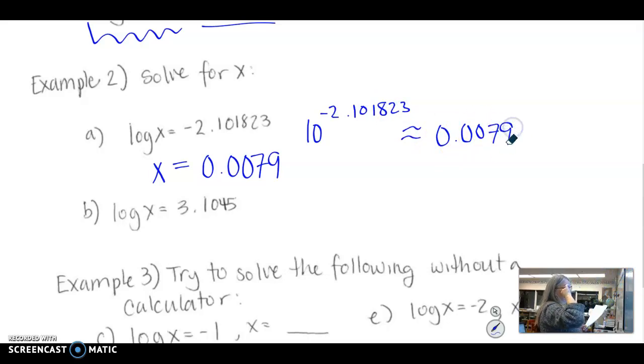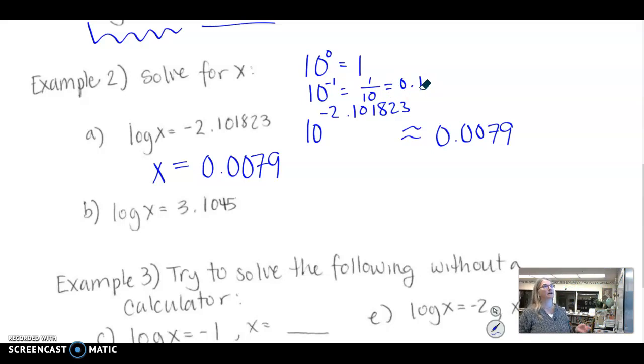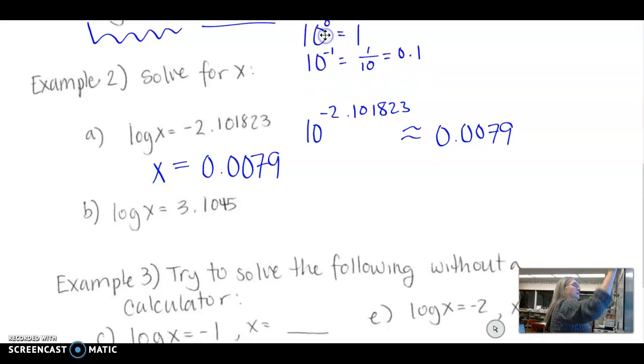And if you think about it, okay, let's go through this. 10 to the 0, anything to the 0 is 1. 10 to the negative first power is 1 over 10 to the positive first power, which is 0.1. And 10 to the negative second power is 1 over 10 squared, which is 1 over 100, which is 0.01.